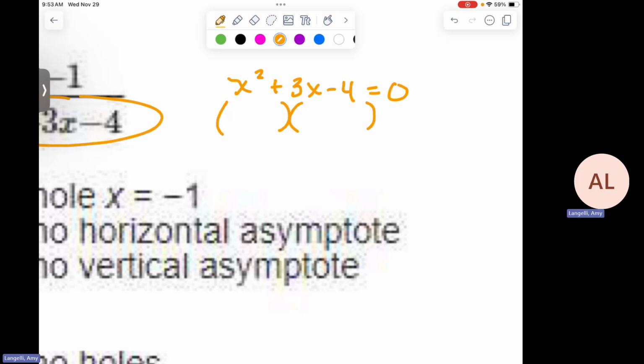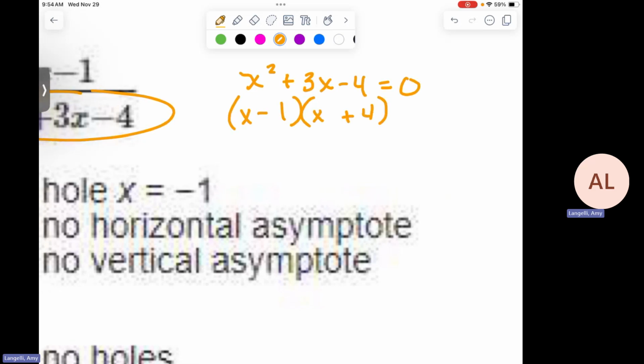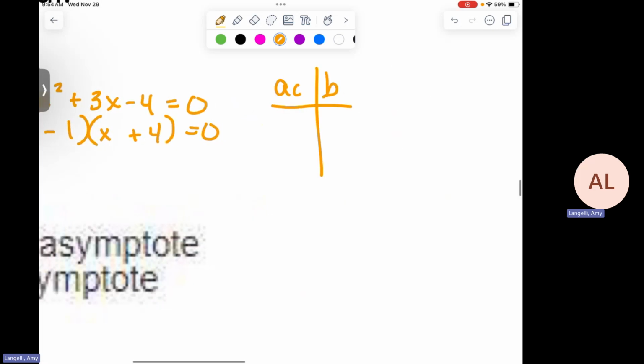Do you guys need me to factor for you? Do you know how to factor? Good. x minus 1, x plus 4. Very good. Now, if you weren't able to get that fast, you would have to do A, C, B. I'm not sure if you're box factoring people or grouping factoring people, but you would have to do that.